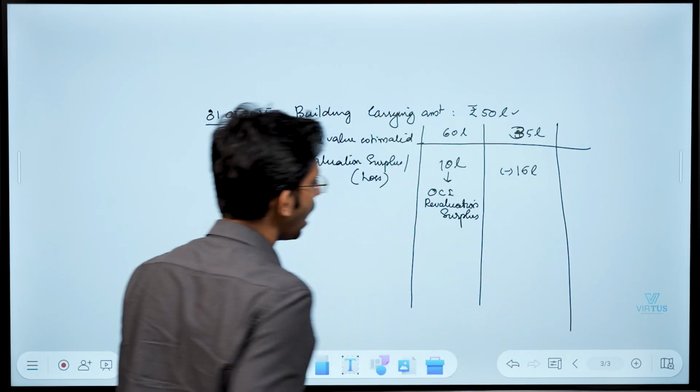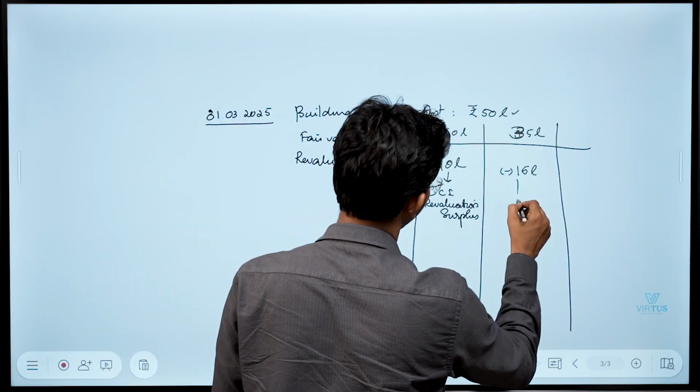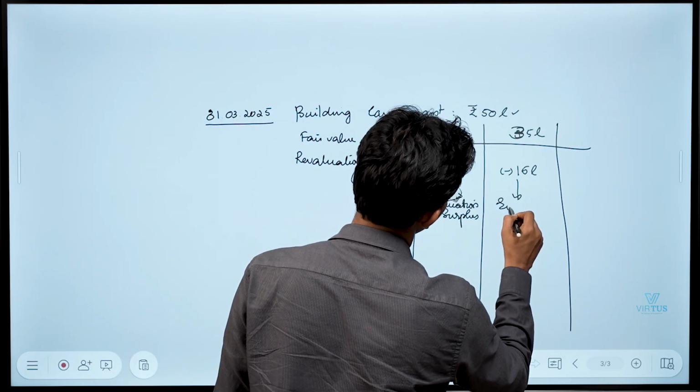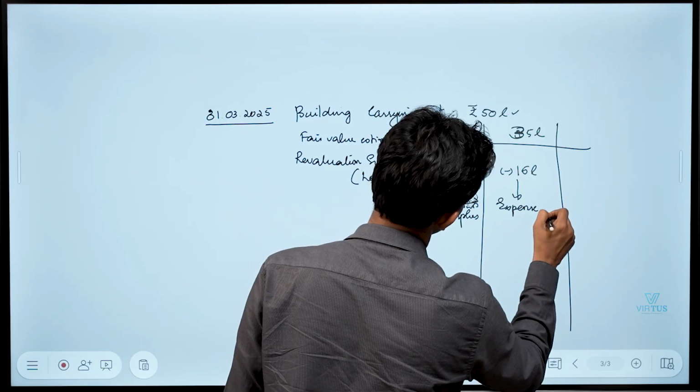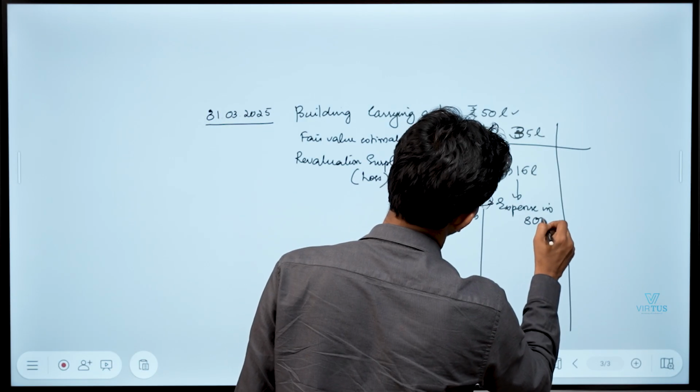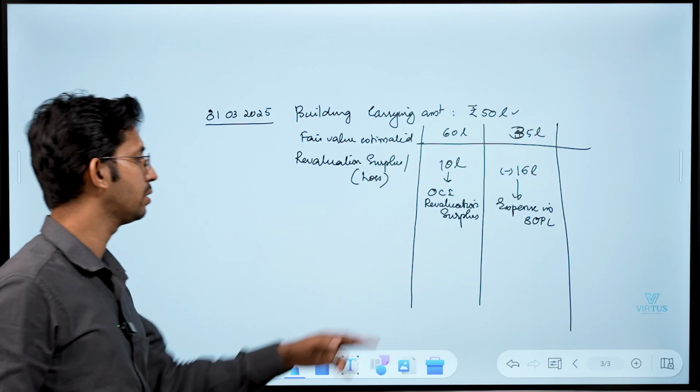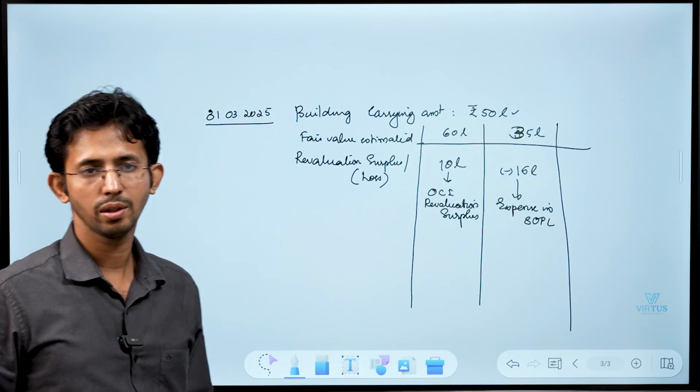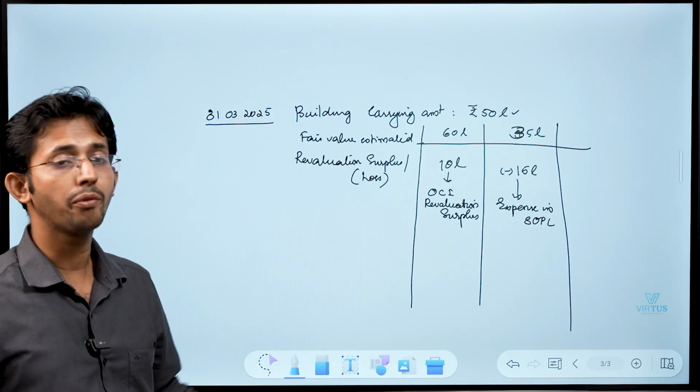And what do you do with this 15 lakhs negative? This will be taken as an expense in the statement of profit or loss. You can't take it to revaluation surplus as a negative figure. You have to take it to the profit or loss.